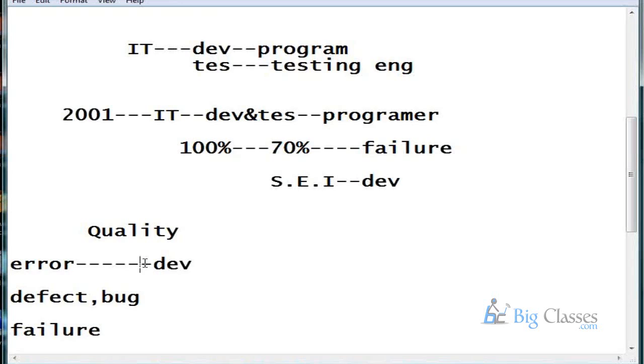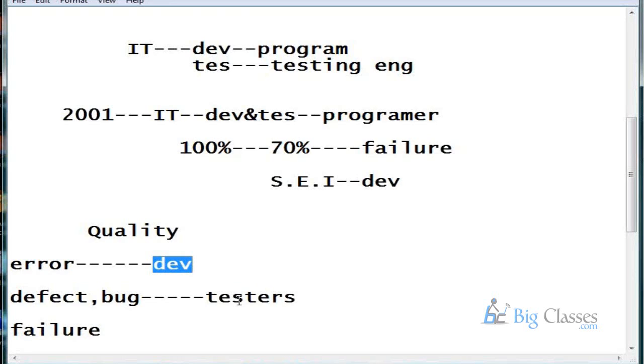Okay. Next, after completion of development, testing. Defect, bug: during testing time, if the expected value is not equal to the actual value, the mismatch is called defect or bug by testing engineers. Once again, error is a mistake found while writing the program by the developer.